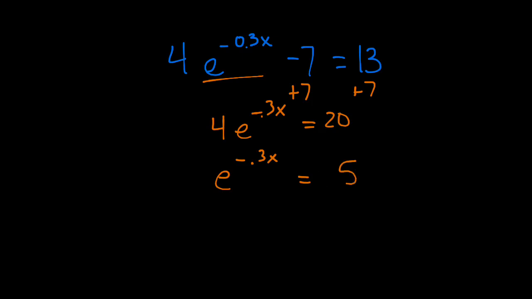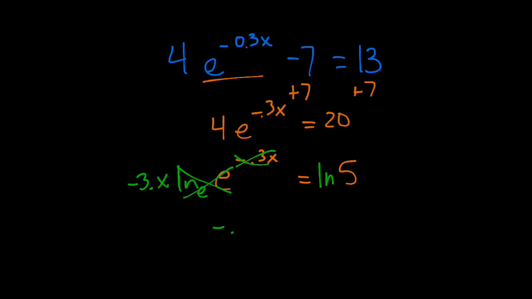So at this point, we would take natural log on both sides. This negative 0.3x would pull out to the front. And then here we don't have to worry about dividing by natural log of e, because what is natural log of e? Well, that's asking, again, e to what power is e? That's just 1. So that would be times 1.